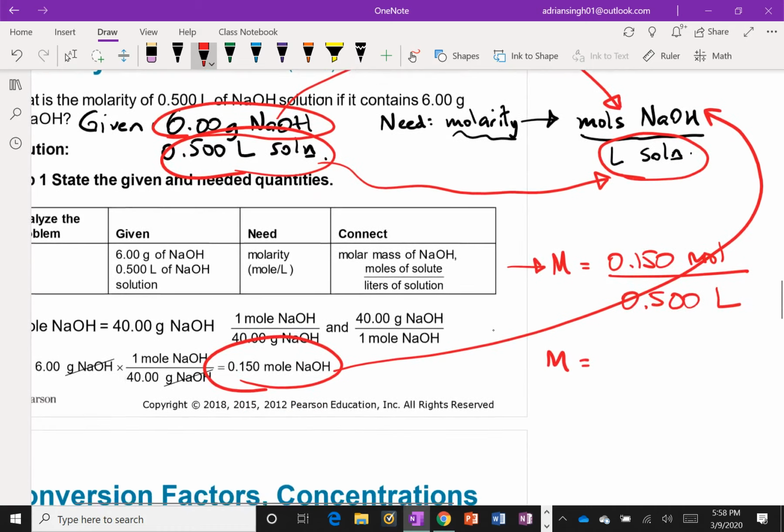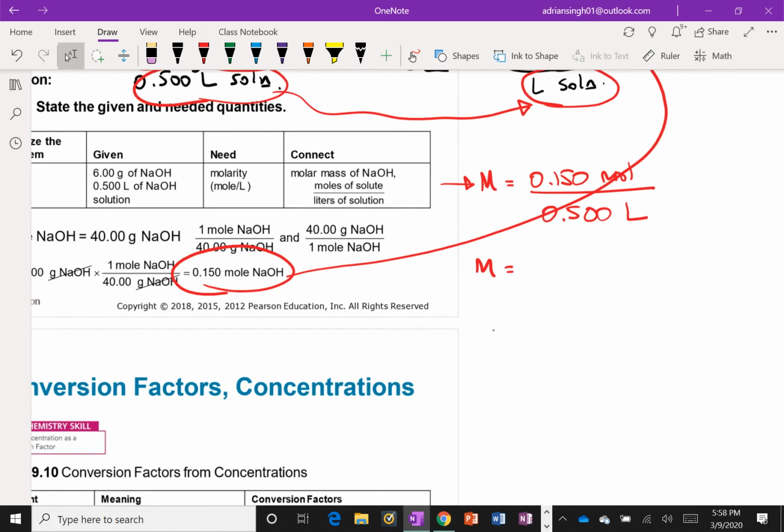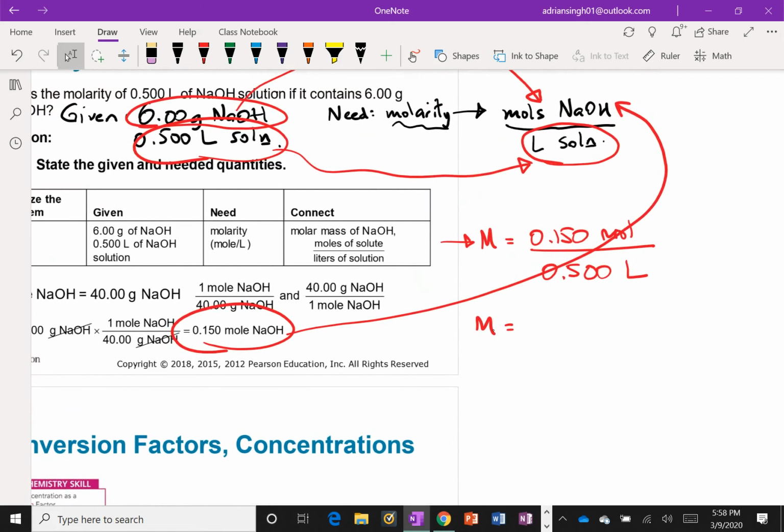So the concentration of this solution is what? 0.15 divided by 0.5. Sounds like it should be around 3 or 0.3.